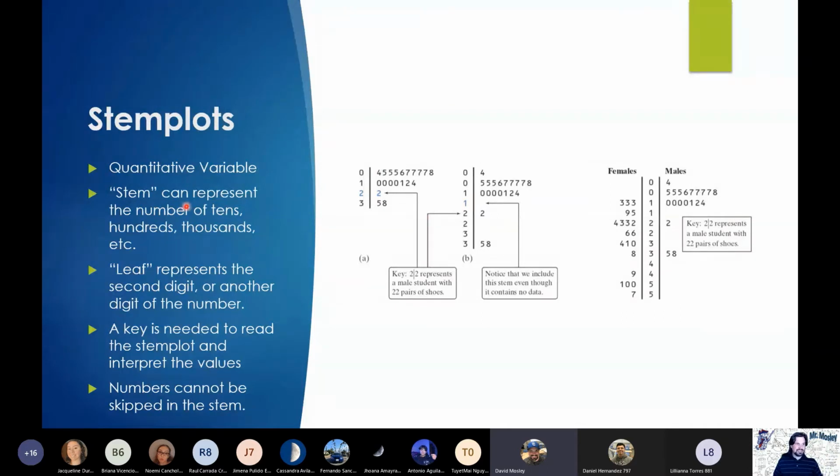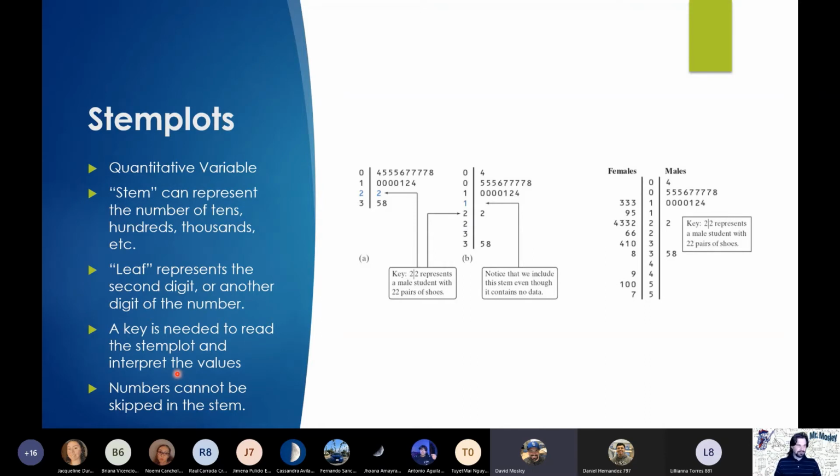The stem can represent the number of tens, hundreds, thousands, etc. You just need to specify how to use the stem and the leaf in the key, and you can play around with how they're arranged, right? The leaf represents the second digit or another digit of the number. A key is needed to read the stem plot and interpret the values. You can't just build a stem plot and assume that the reader will know how to read it without providing a key.